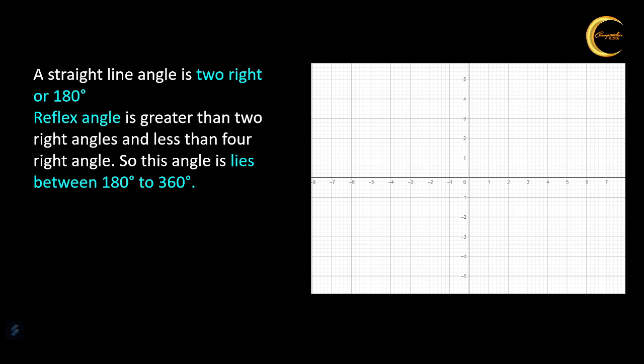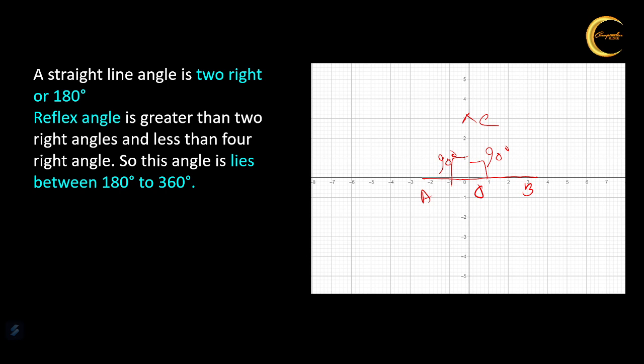A straight line angle is two right angles or 180 degrees. This is a straight line and this is 90 degrees because this is a vertical line drawn. You mark here A, B and C, and this is O, and OC is the vertical line and AB is the straight line.